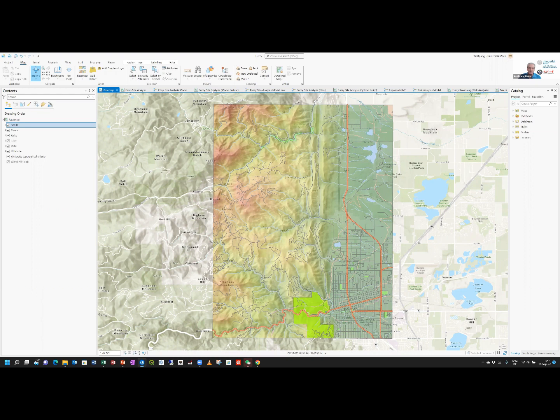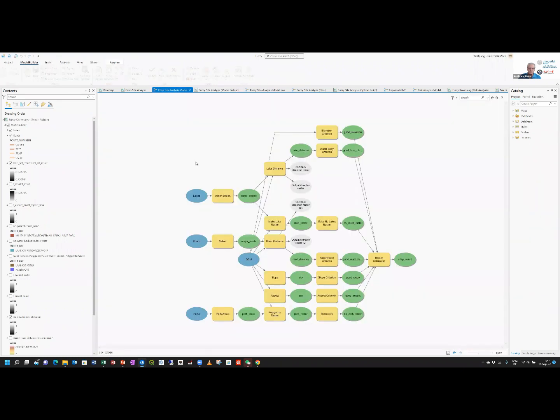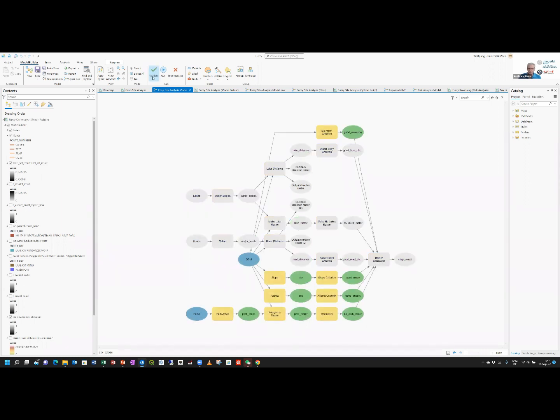Now, again, jumping back to our model. Okay, that was the wrong model. Jumping back to this model. So what we do is I am going to run that model, and we will see what the result will be. So what is here now?